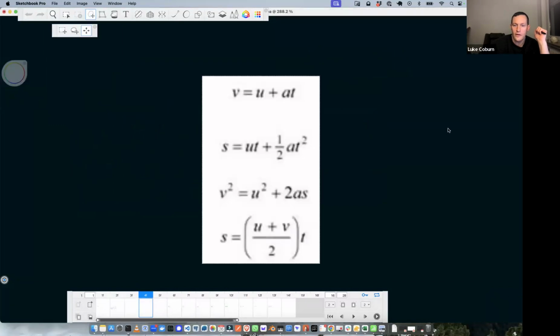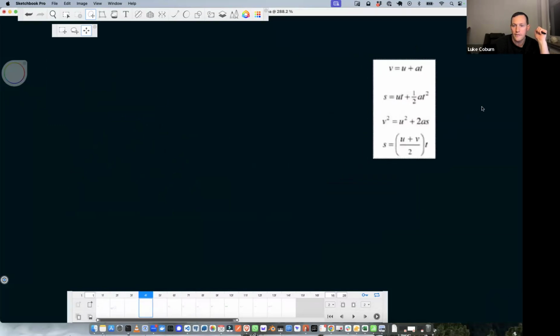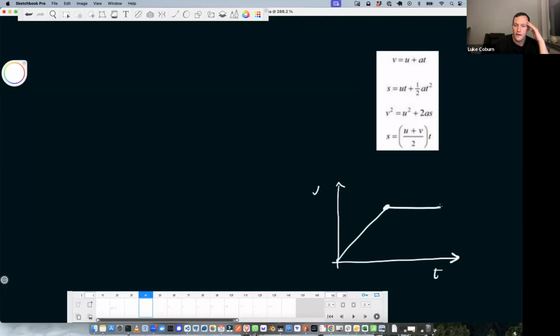Okay. So when you do these questions, this is basically all you need, and velocity time graphs. So this and velocity time graphs will give you everything that you need to answer these questions. So for the velocity time graph, you're going to draw these sorts of shapes, and then you're going to work out the area underneath the curve, and so on.